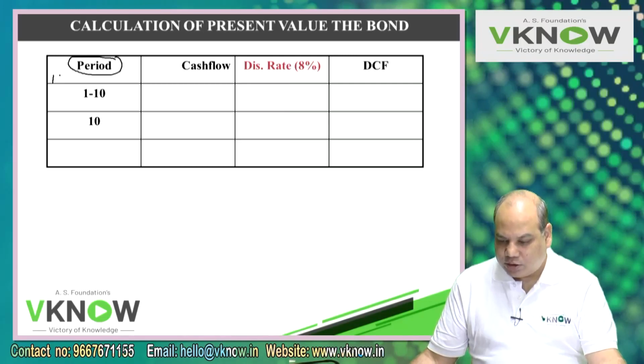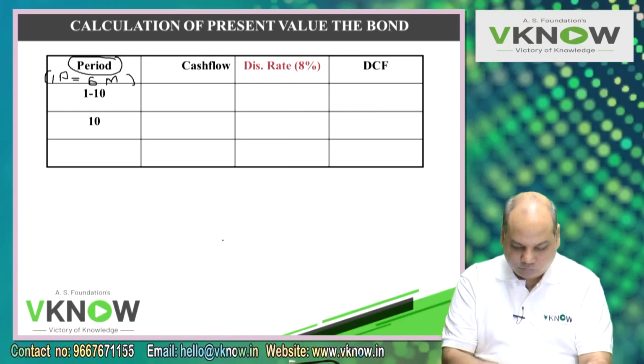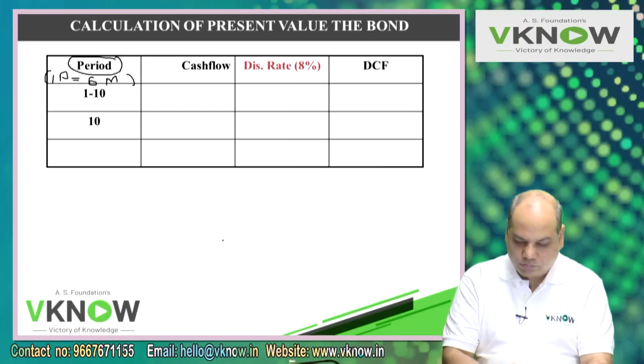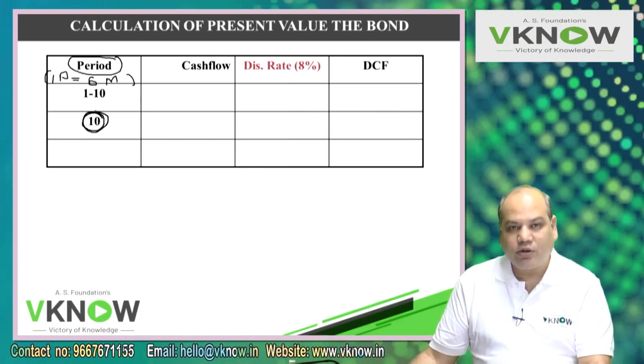So that also you write here, one period is equal to 6 months. Ready? So there will be 10 periods, 10 half years, and after 10th half year, you will get that principal.